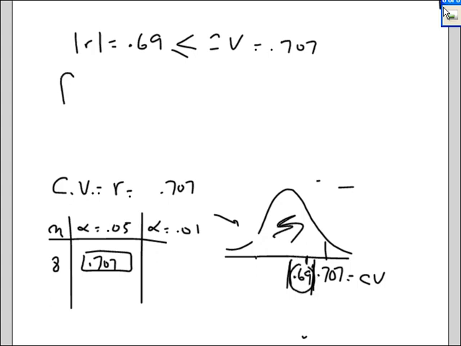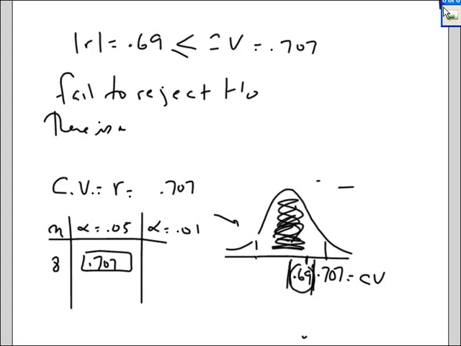So the story says that we fail to reject the H0. And here, you want to accept H0, but you can't accept it, so you fail to reject it. And then you say that there is not enough, or sufficient, evidence.